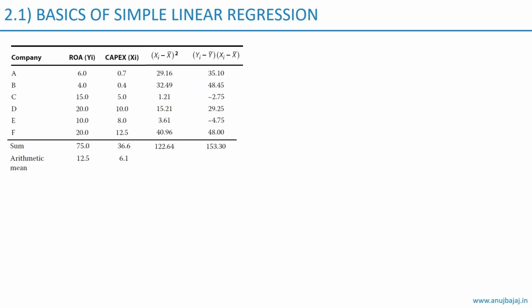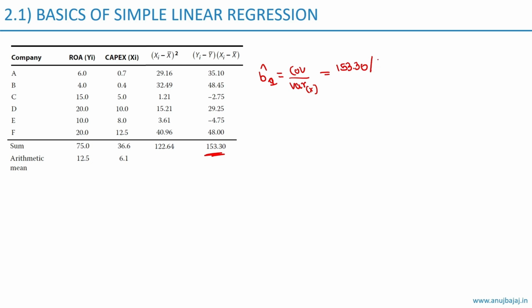Now let us calculate the intercept and the slope coefficient. The slope coefficient equals the covariance of xy divided by the variance of x. So covariance equals 153.30 divided by n minus 1.